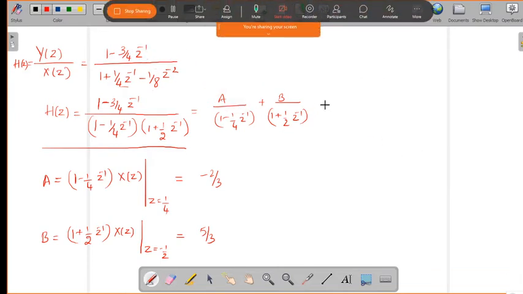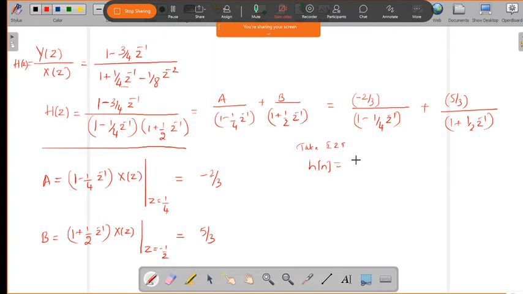Substituting the value of a, we get minus 2 by 3 over 1 minus 1 by 4 Z inverse, plus 5 by 3 divided by 1 plus half Z inverse. Now take the inverse Z transform, and then you will get h of n.